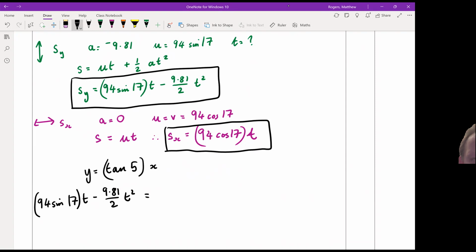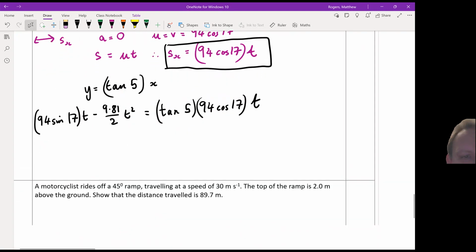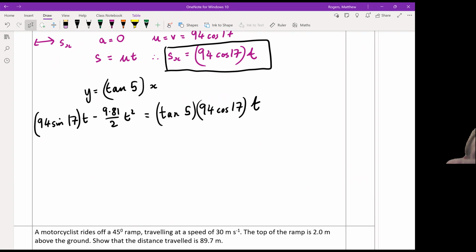So that's my y term, which is equal to the tan of 5 multiplied by my x term from here, that's 94 cos 17 times t. Now it looks a bit horrendous when we first look at it, but we might notice again there's only terms in t and t squared. So actually solving this is much simpler than our last one was.